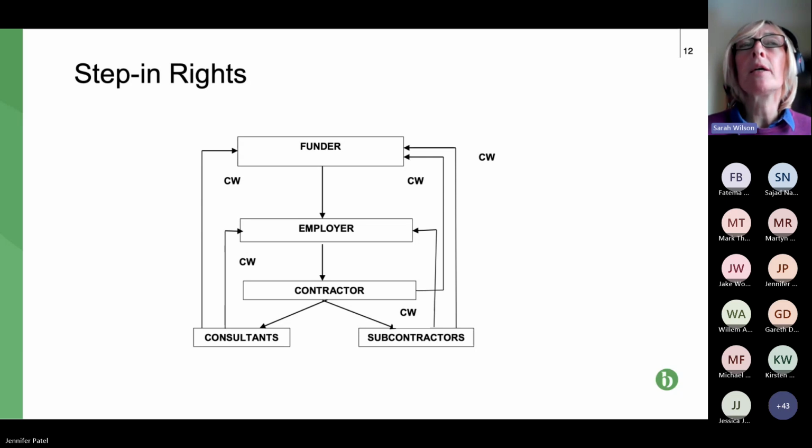Now, step-in rights are relevant in a situation where an insolvency happens before practical completion. It would apply whether the employer or contractor went into liquidation, but for the sake of argument, let's assume the contractor has gone into liquidation.